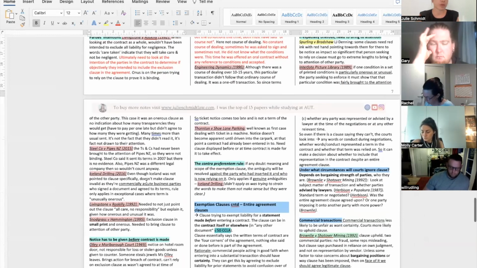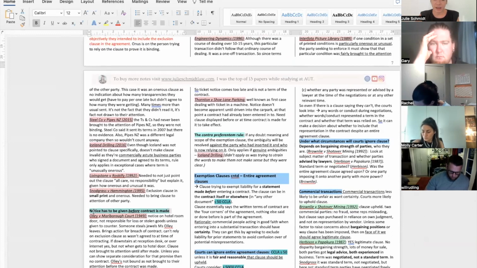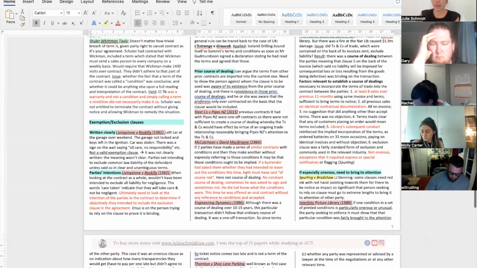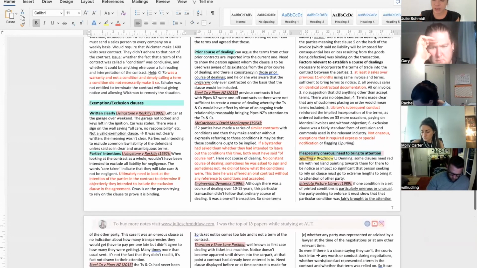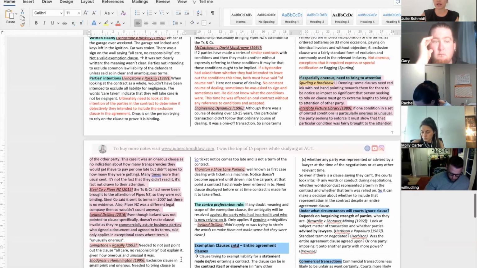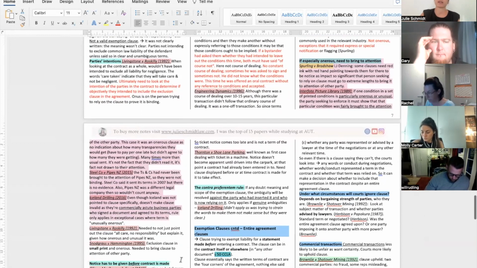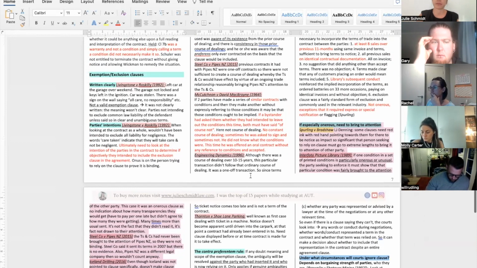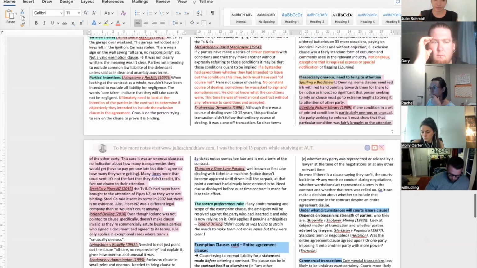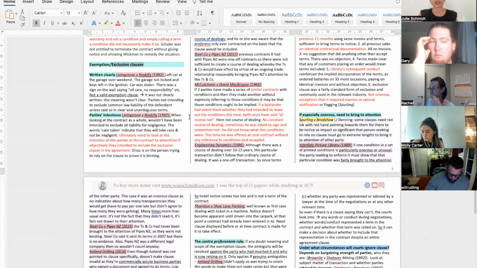That means they need to be brought to the attention of the party before the contract is executed. And if the clause is particularly onerous, it needs to be really pointed out to that person. Anyway, I'm getting on a tangent. Okay, so that's exclusion clauses, part of the contract.